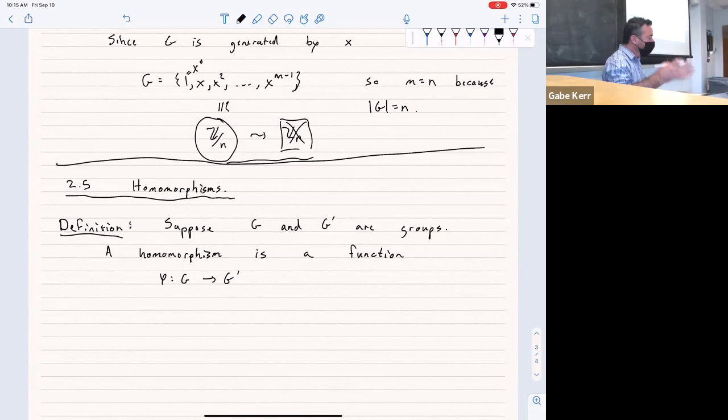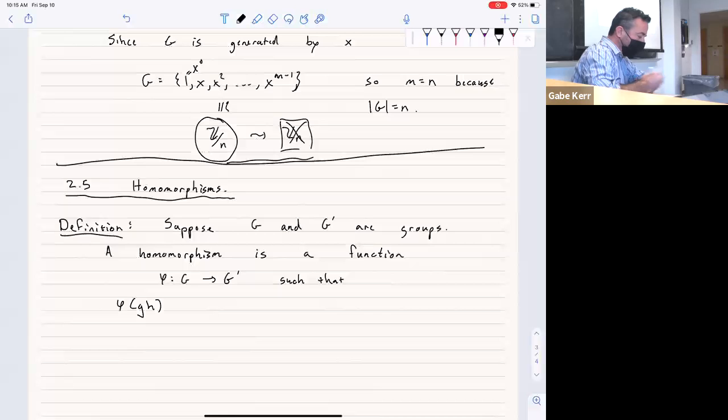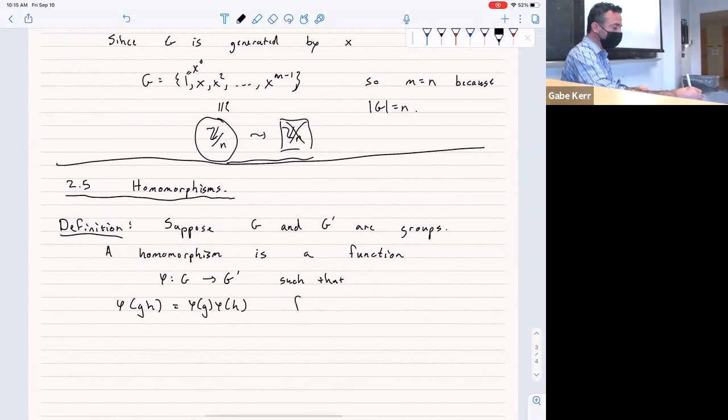And the way we express that is we say this function has to satisfy a single identity. If I take two elements in G and combine them, and then I take phi and see where it sends it, that's going to go to the product of their images. Any two elements.